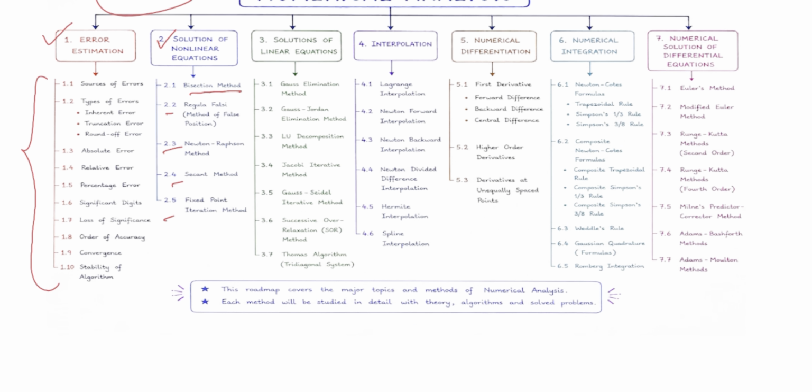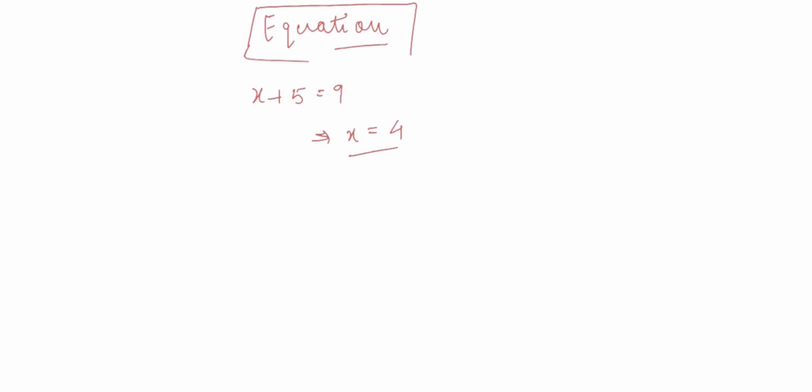IVT. Now the question is, what do we usually mean when we say solve an equation? For example, if I write x plus 5 equals 9, we get x equals 4. That means solving an equation means finding the value of the unknown variable that satisfies the equation.